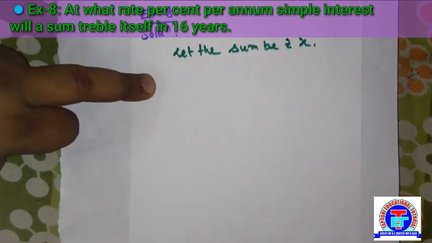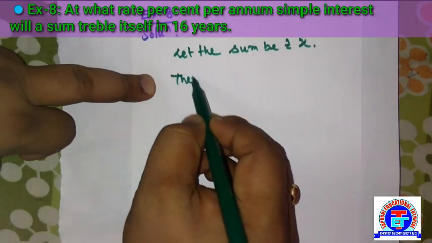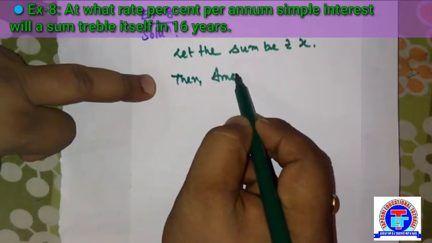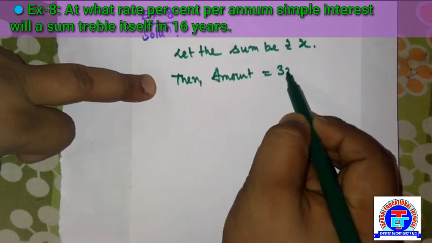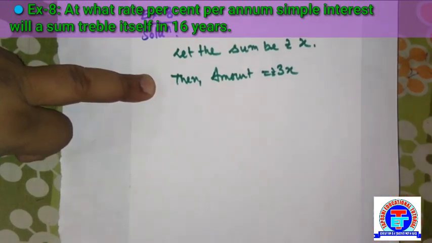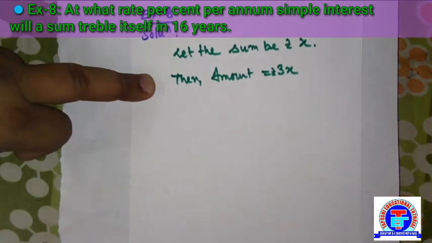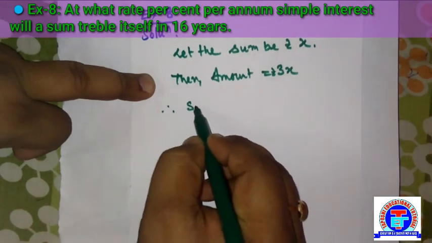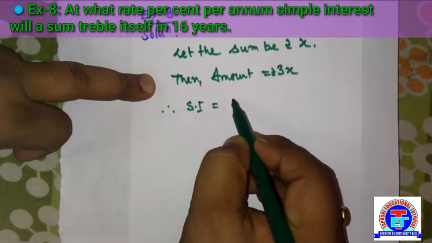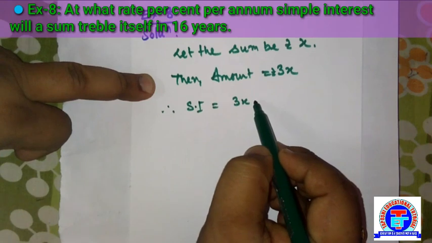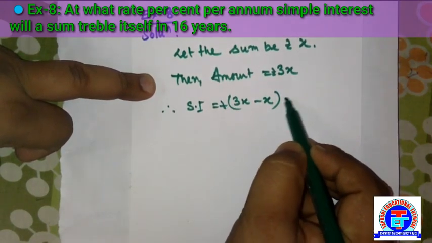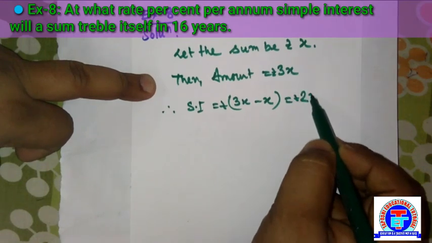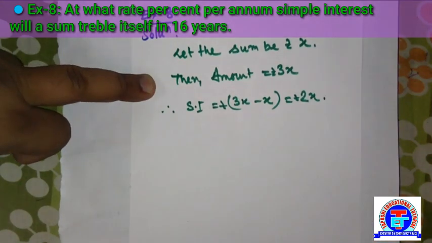Then the amount will be rupees 3x, correct? So we can write simple interest SI is equal to 3x minus x rupees, which is equal to rupees 2x, correct?